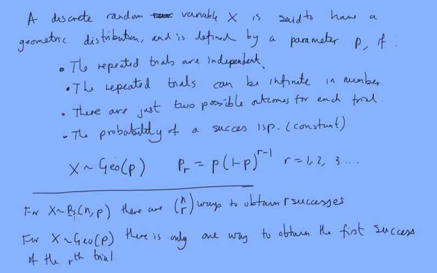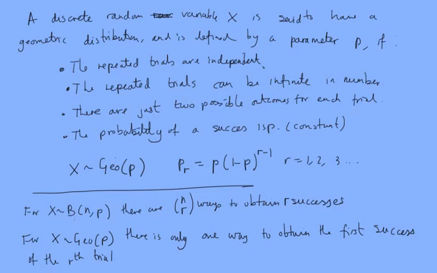Depending on the number of trials and successes you're looking at, the same situation could be analysed using a binomial distribution, because you're then looking at a number of successes over n trials. I hope that is clear.